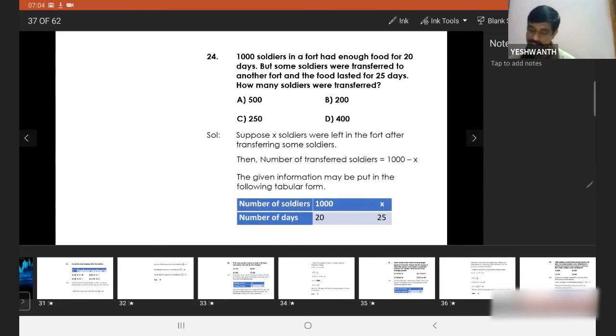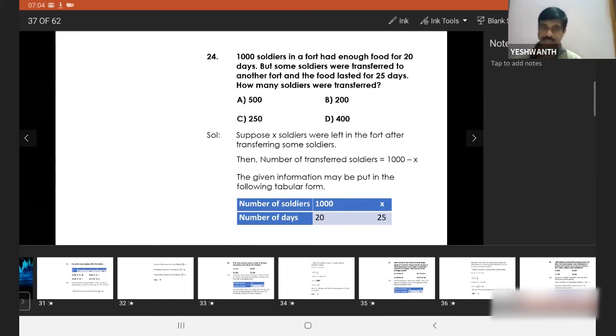See, for 1,000 soldiers, the food is lasting for 20 days. Now, let's say X soldiers left. What is it that he asked? How many soldiers were transferred?